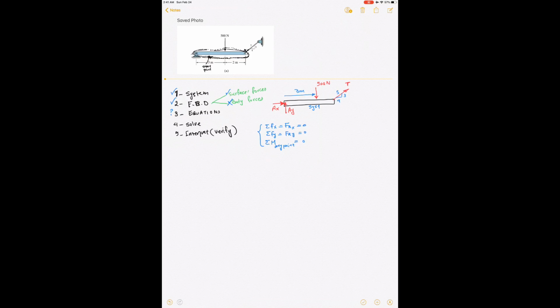So I'm trying to write these equations for this given system. Let's choose a direction. Let's say this is my positive x and this is my positive y, right? Because you choose the direction of your coordinate system and its alignment.